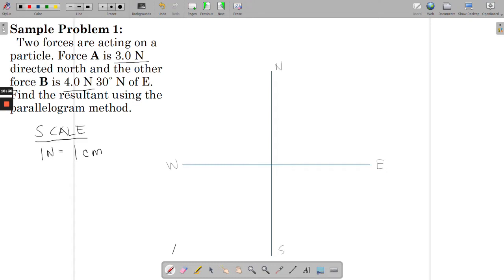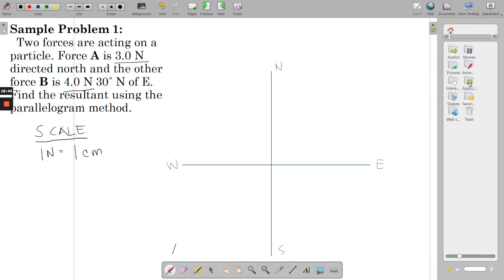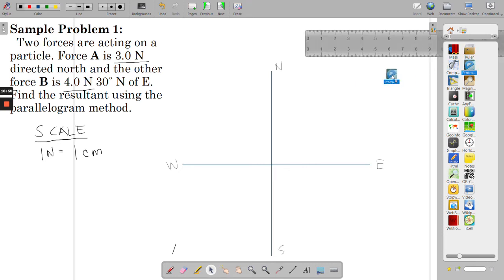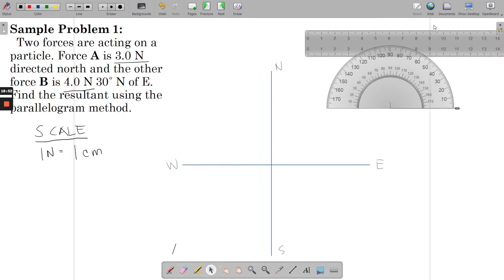Next, we have to draw our vectors. So let's bring out our ruler and our protractor. The first one that we have to draw is force A, which is 3 newtons. Since 1 newton equals 1 centimeter, 3 newtons equals 3 centimeters, and it's directed north.